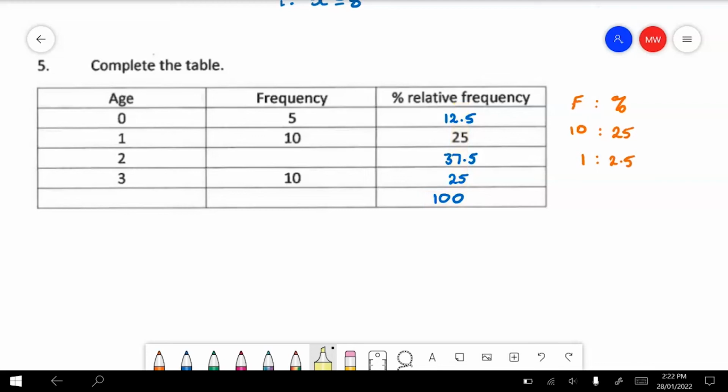And once I've got that, I can start to work backwards. So what I'll do instead this time is I'll do 37.5 divided by 2.5, and that will give me the value of 15 here. And I can total that column up to give me 40, and I've successfully completed the table.